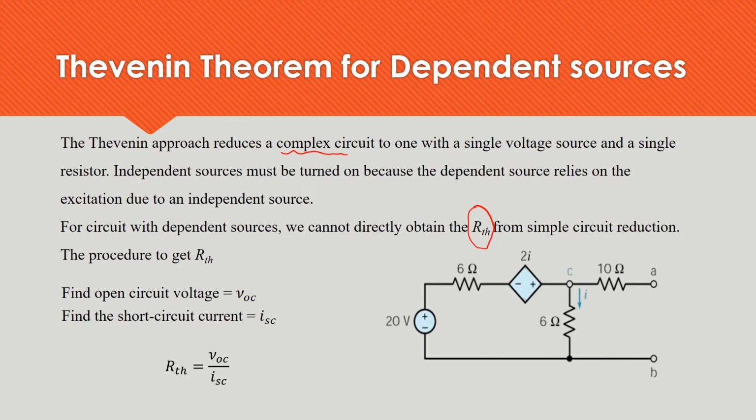For that, we need to calculate the open circuit voltage and the short circuit current, and the RTH is VOC over ISC, that is the open circuit voltage over the short circuit current, with the dependent source excited using the independent source.